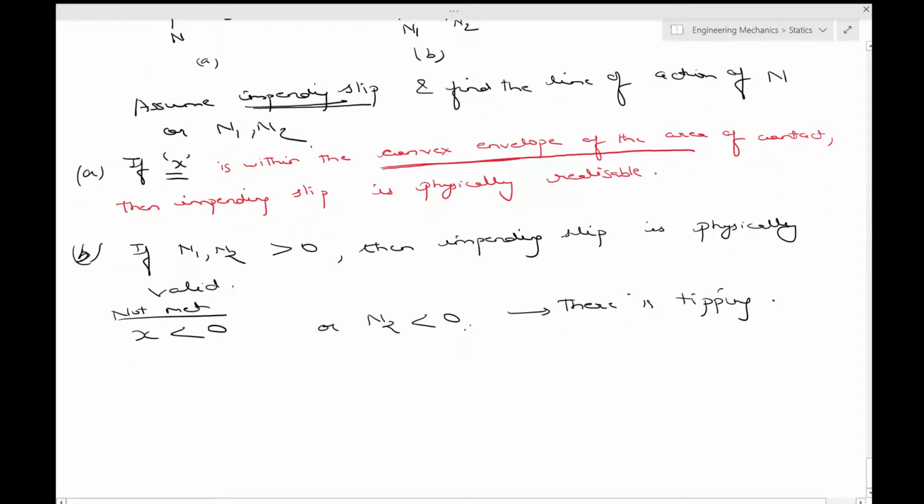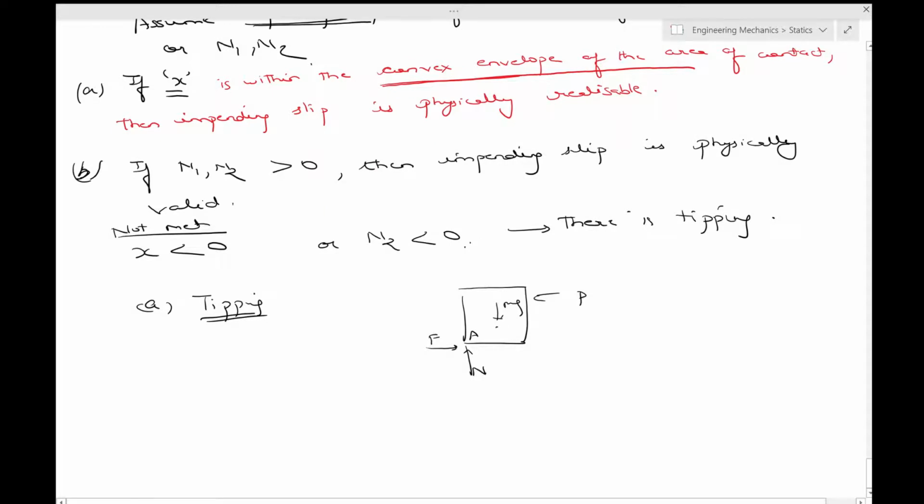For A, the tipping would look like this. The FBD must have P, mg, and this point A. This is how tipping would happen at the end.